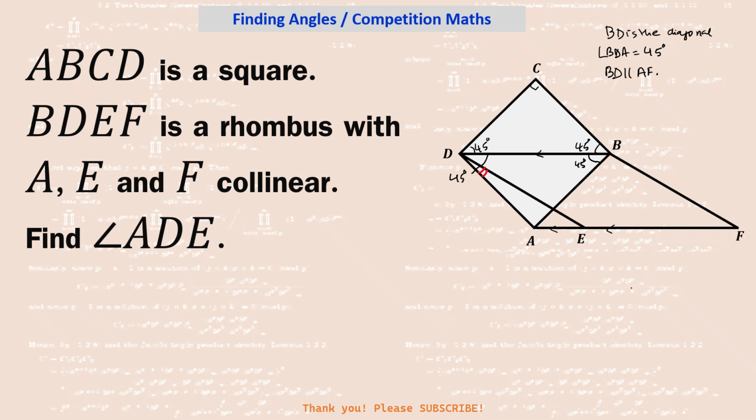Angle BDA is equal to, or rather no, I wrote the wrong angle, sorry. Angle DBA is equal to angle BAF. So this is the angle. BA is a transversal, so angle BAF is 45 degrees.